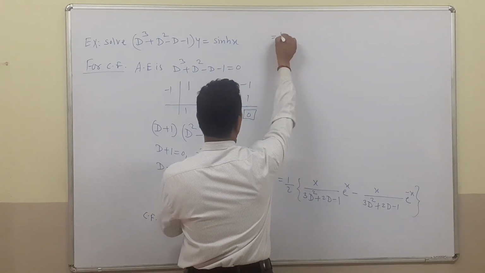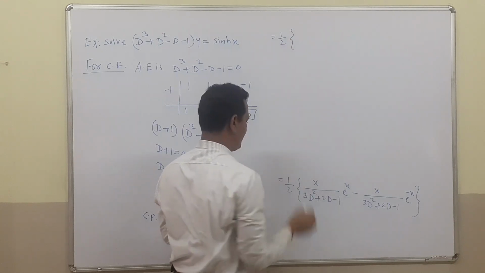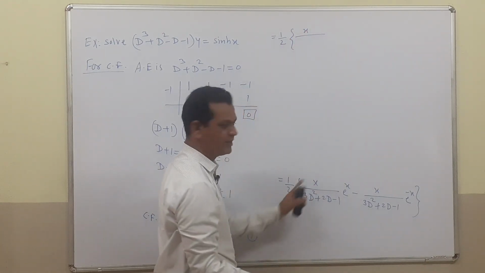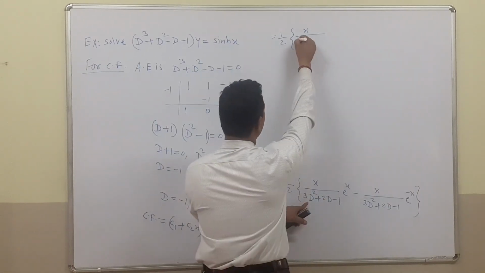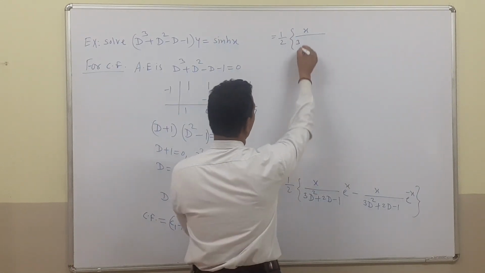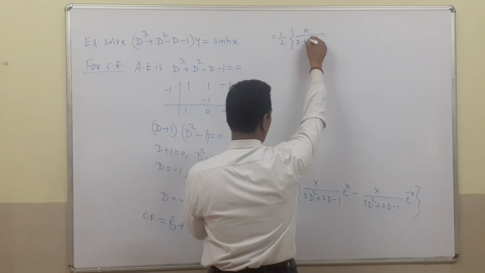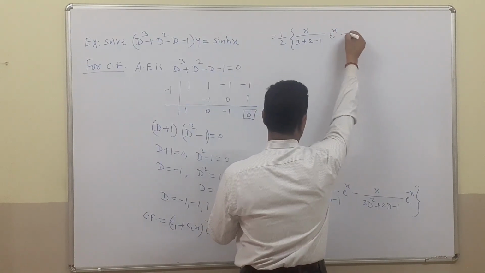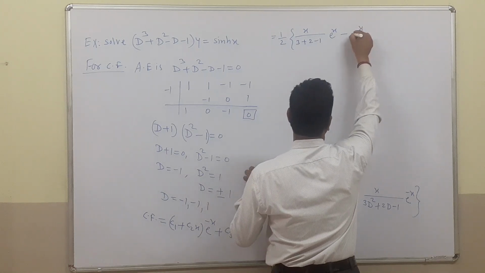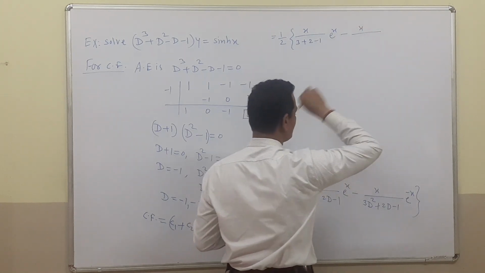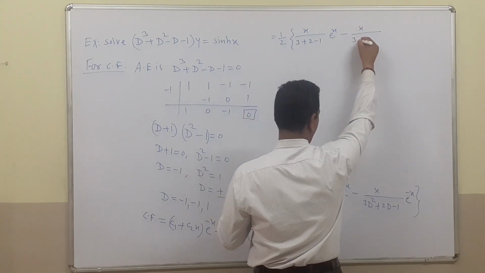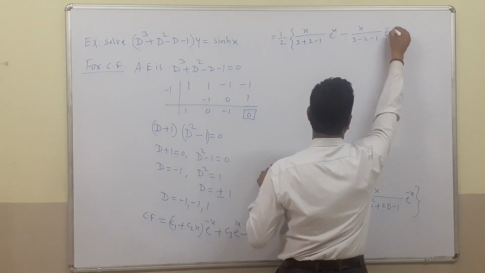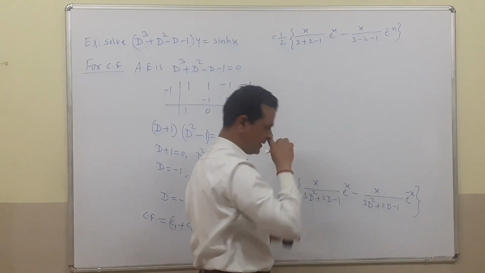1 upon 2, then in bracket, so this is x upon, so replace d by a, so this is 1, so we get this term as 3 plus 2 minus 1 into e raised to x, minus, this is x upon, so this is 3 minus 2 minus 1 into e raised to minus x.